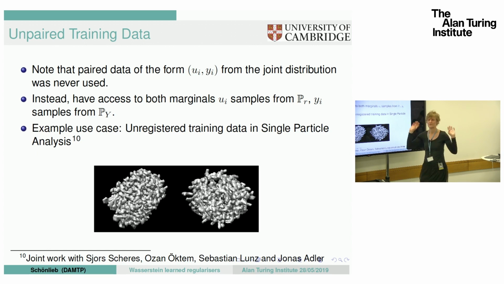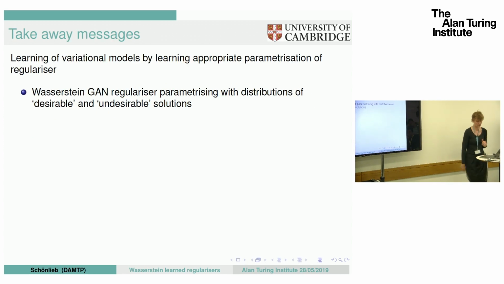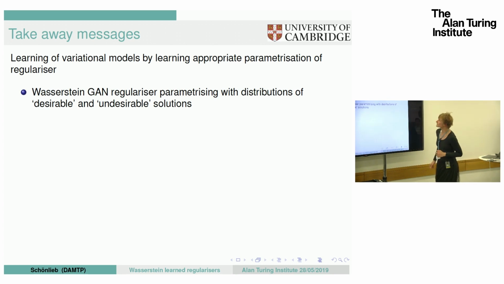I said before, something really interesting for inverse problems people is that this regularizer is not paired, it doesn't need pairs between the measurements and the ground truth images. It's interesting in scenarios where what you want to reconstruct is also not unique, it could be a rotated version of something, like in single particle analysis. But I shouldn't talk so much about this because we still want to do some research on this and not have others do it.